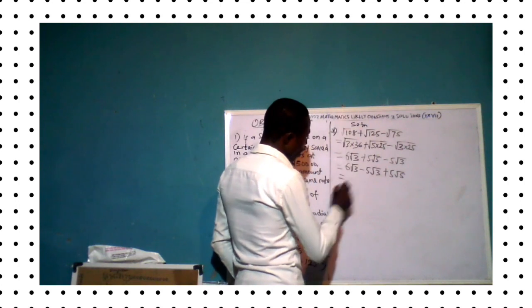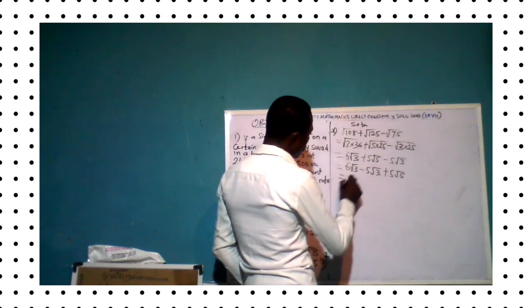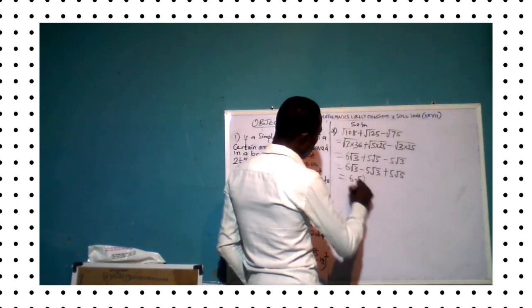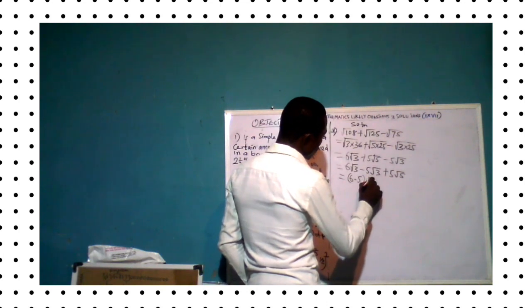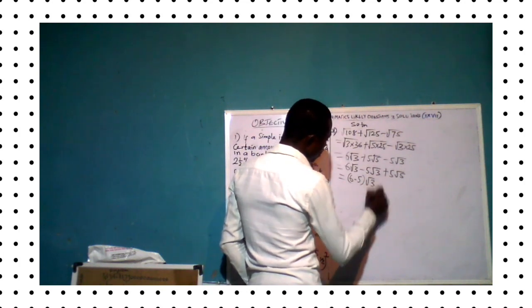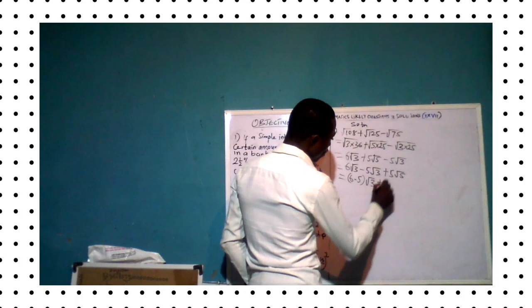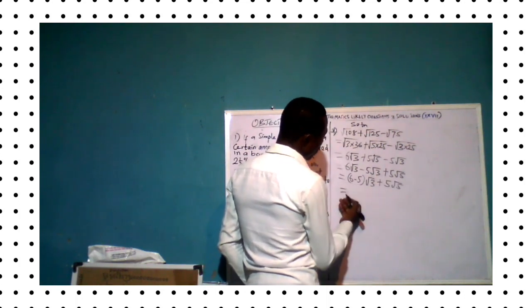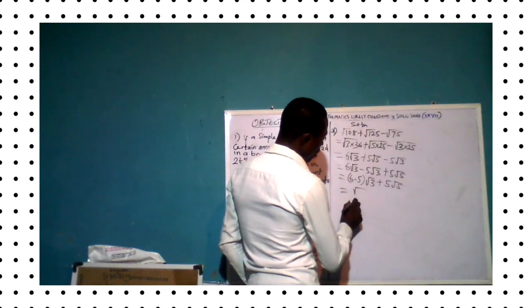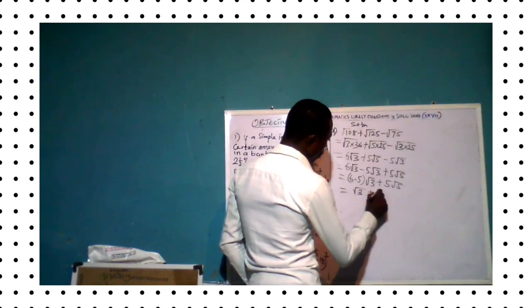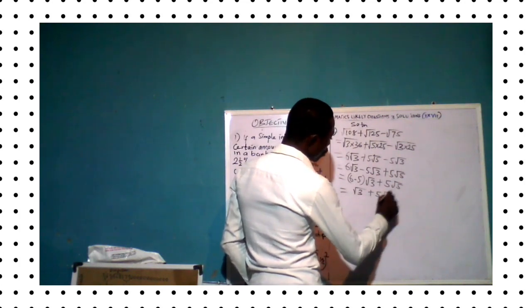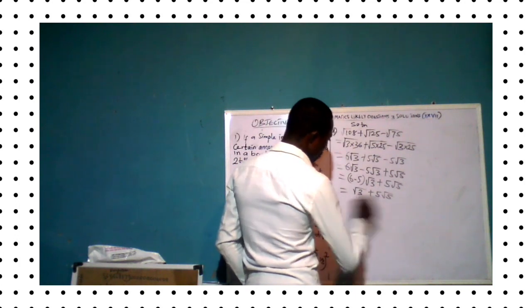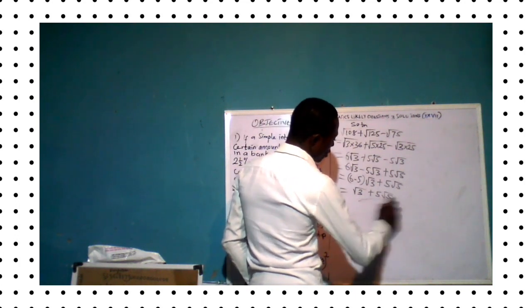From here, root 3 is factored out, since it is common to both, so 6 minus 5 is equal to 1, and you therefore have root 3 plus 5 root 5. Okay, and this is the final answer.